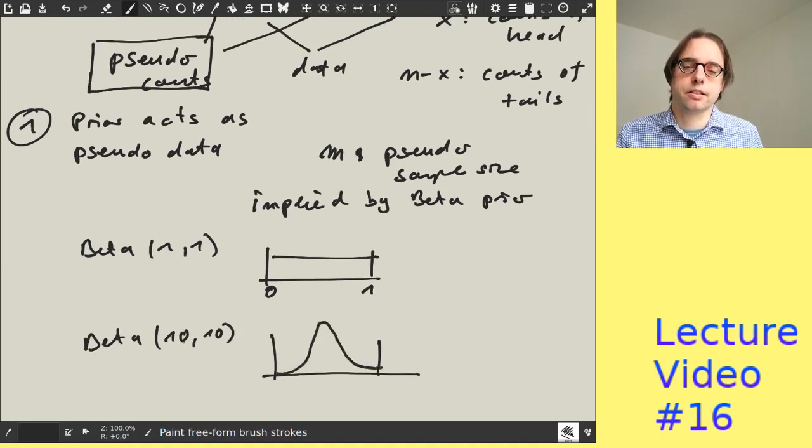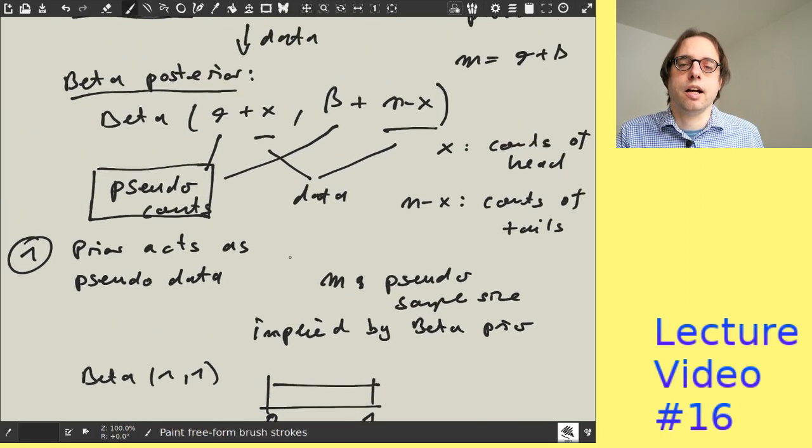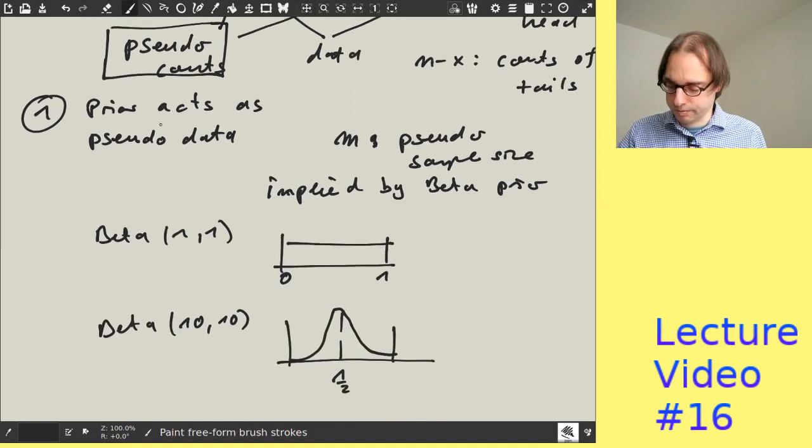It's still symmetric because alpha and beta are the same, but it's concentrated around the mean. The mean is of course 1/2, and so we are far more sure about this. This also influences our posterior, because if we have a strong prior, then we have a strong impact in the posterior as well. This is also seen in that alpha and x and beta and n minus x are treated exactly on the same footing.